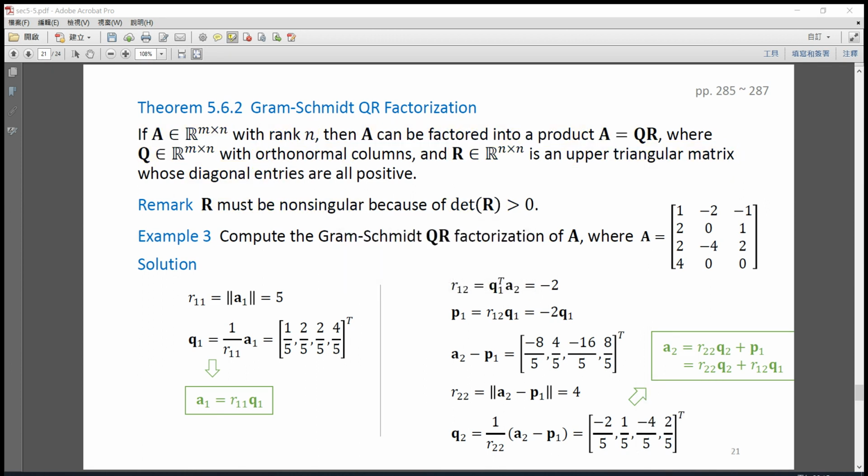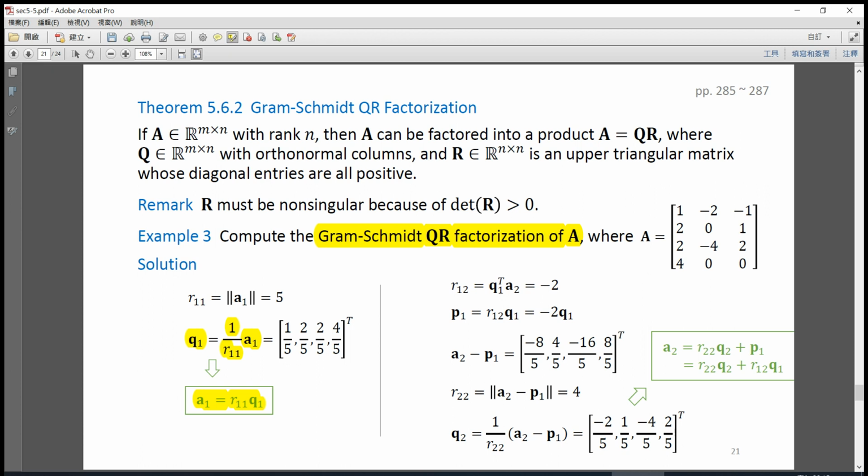We use example 3 to illustrate how to use the Gram-Schmidt process to obtain the QR factorization of matrix A. First, we compute q1, which equals a1 divided by its length, and we know a1 equals r11 q1.